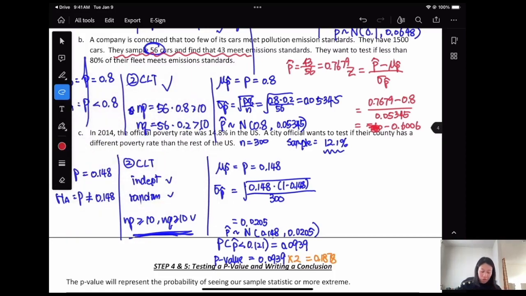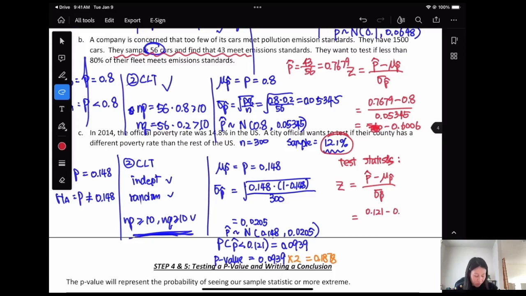Now, how do we calculate that with the test statistic? If we want to use the test statistic, what we're going to do is find the z-score. The z-score is equal to p hat minus mu sub p hat, divided by sigma sub p hat. Our p hat, as we found out, the sample proportion, is 12.1%.